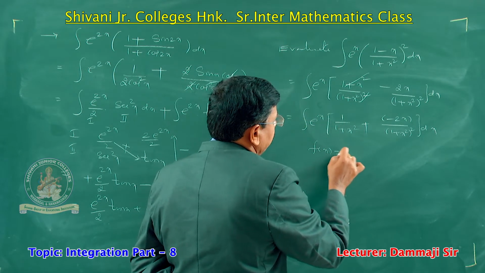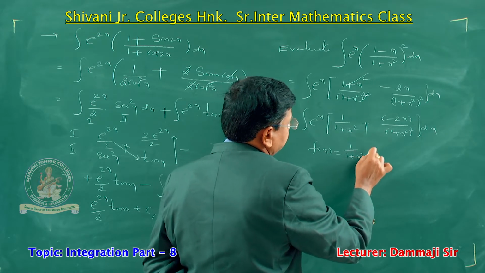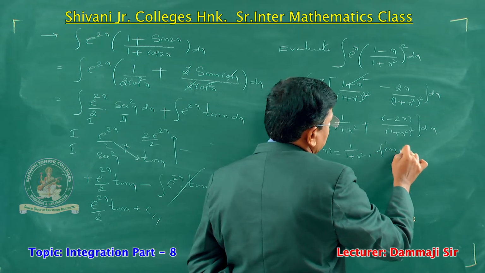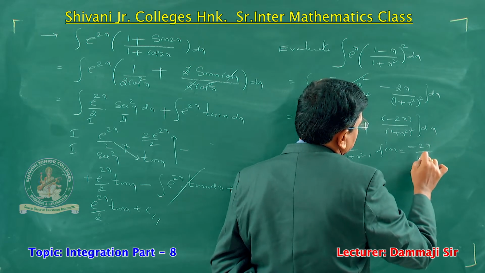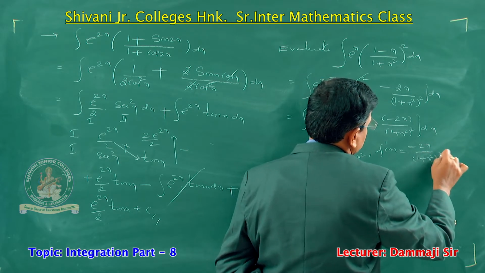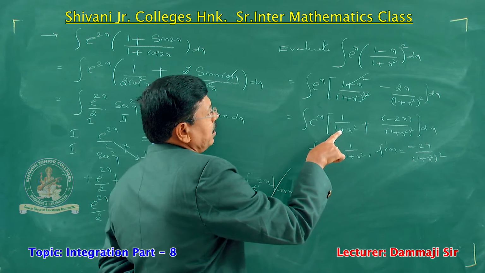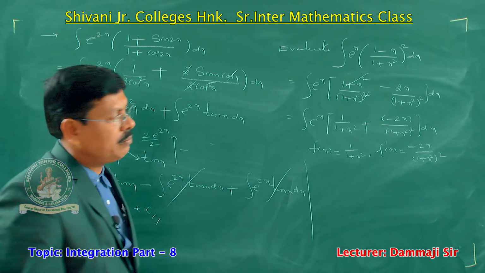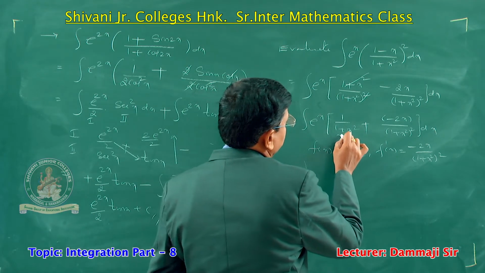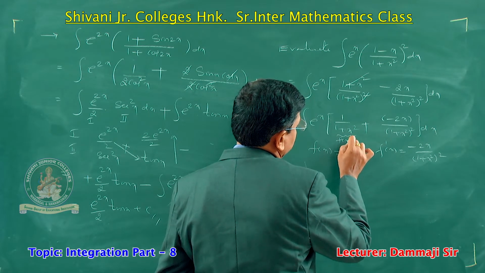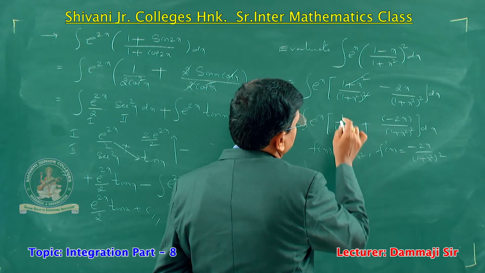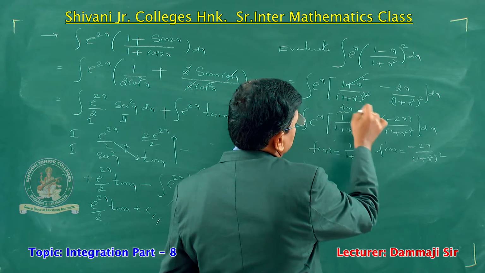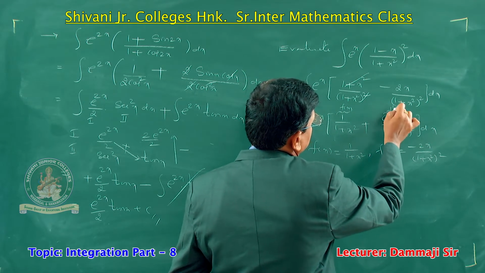You can check that the derivative of f of x is nothing but minus 2x by 1 plus x square whole square. But we will get the formation f of x plus f dash of x. What about the result? Its result is f of x. Its result is nothing but f dash.